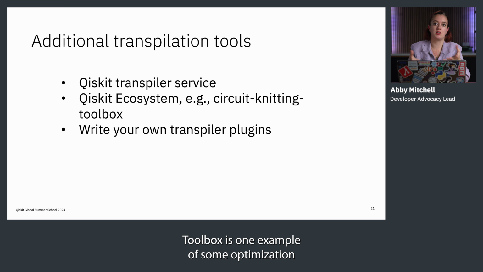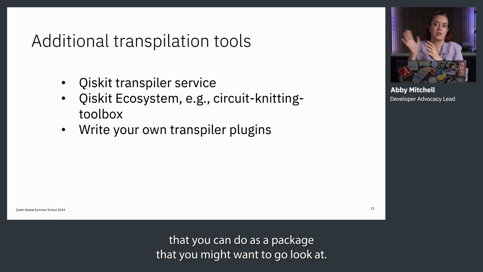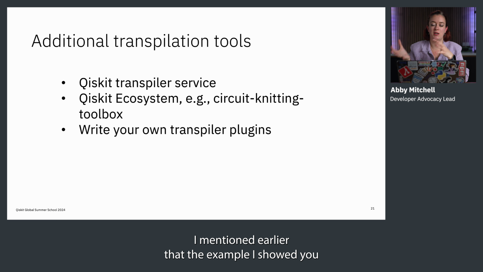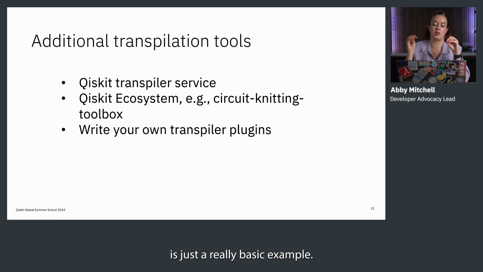Circuit knitting toolbox is one example of some optimization that you can do as a package that you might want to go look at. And lastly, you can also write your own transpiler plugins. I mentioned earlier that the example I showed you was just a really basic example.